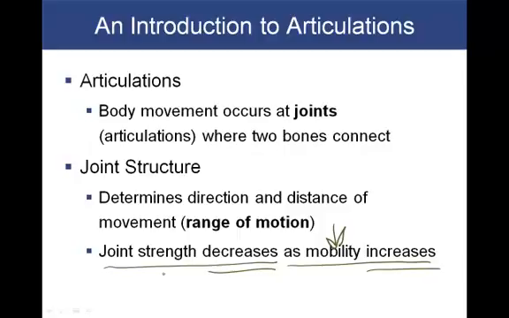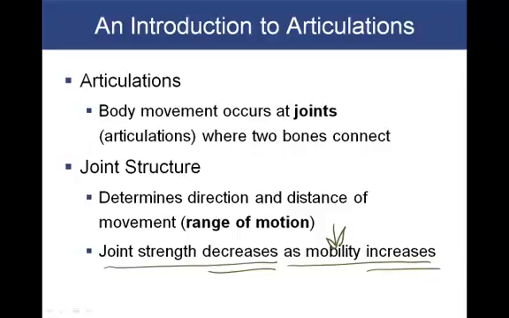So strength is related. As the mobility increases, and the shoulder joint has an increased mobility, the strength of that joint decreases. Our shoulder joint is very weak compared to our sutural joint between the two parietal bones.